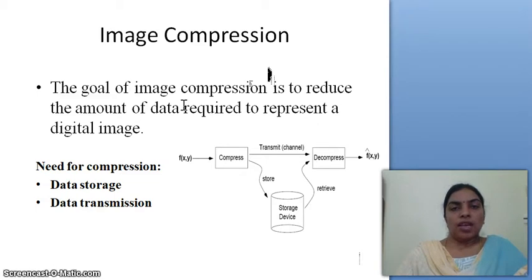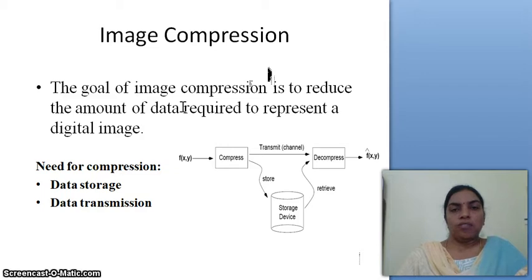If I take a 100 by 100 image, that means 100 into 100, which is 10 power 4 pixels, into 8 bits. 8 bits means 1 byte, so 10 power 4 bytes are required. 10 power 4 means 10,000, that is 10 kilobytes.